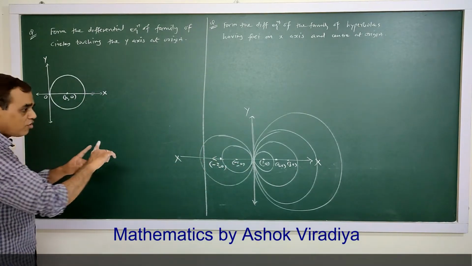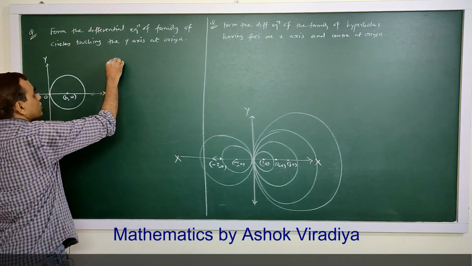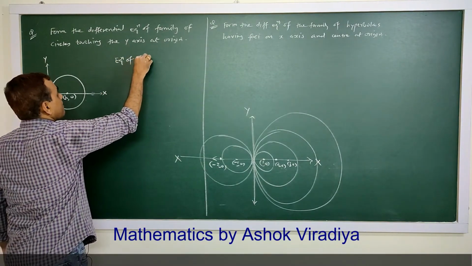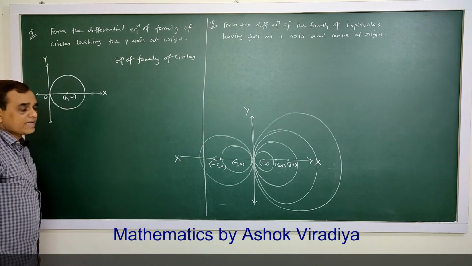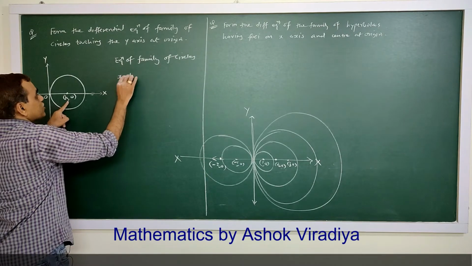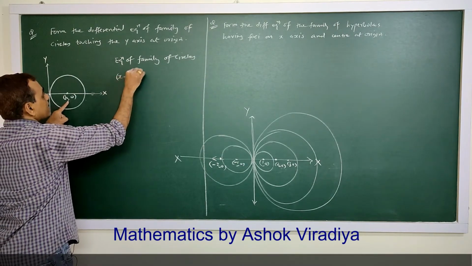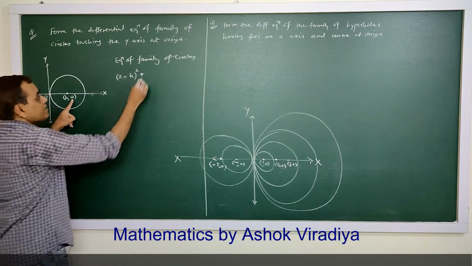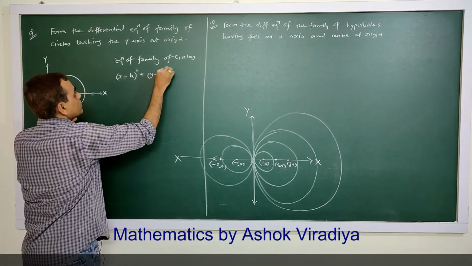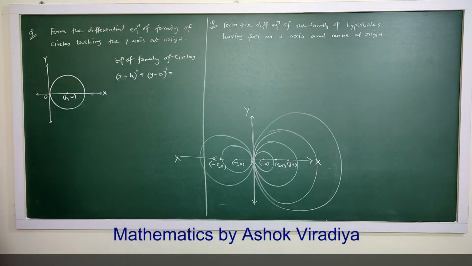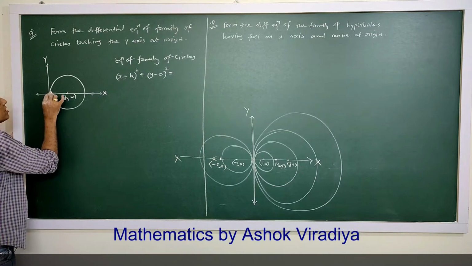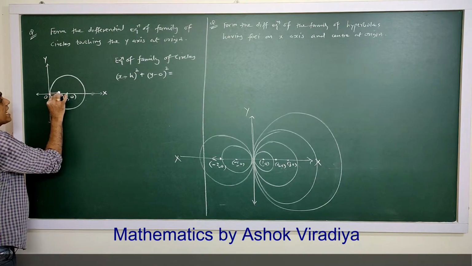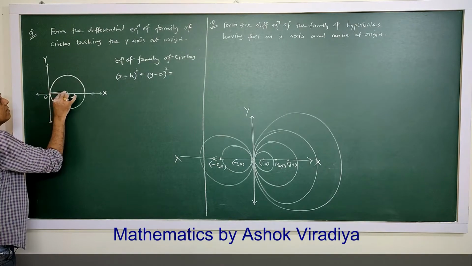For all these circles, the equation of the family of circles can be written as x minus h whole square plus y minus 0 whole square equal to r square. Now look, what will be the radius? Radius will be the positive distance from origin to center. So this length will be h.